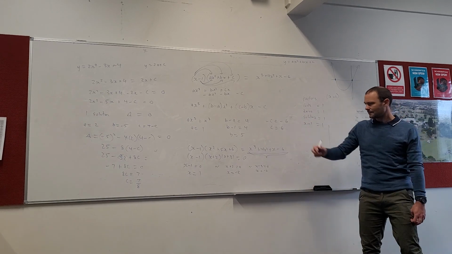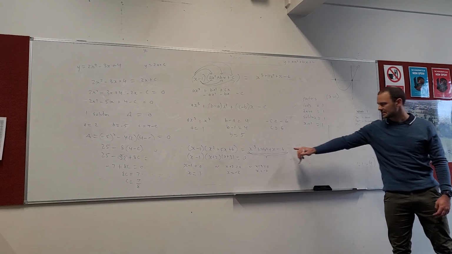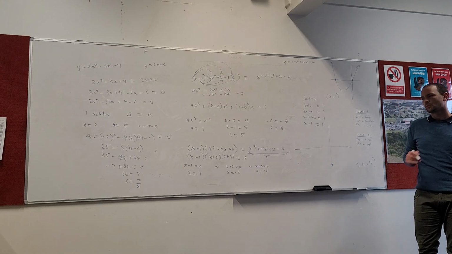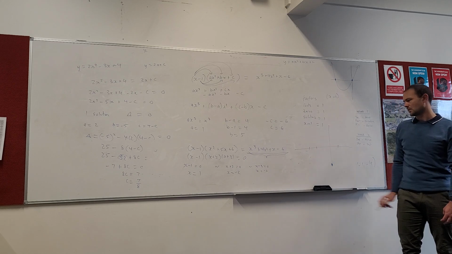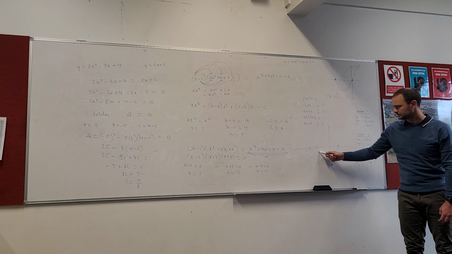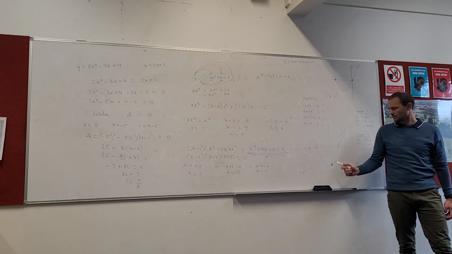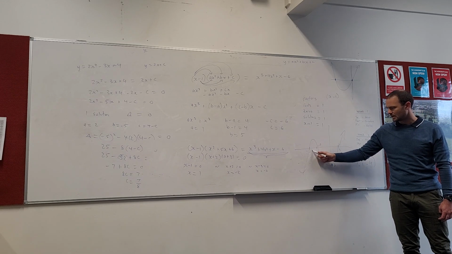So if we're going to graph it, I've got a y-intercept of minus 6, and I've got roots at x is 1, x is minus 2, and minus 3. Alright, so it's going something like this, right? 1, 6, minus 2, minus 3.